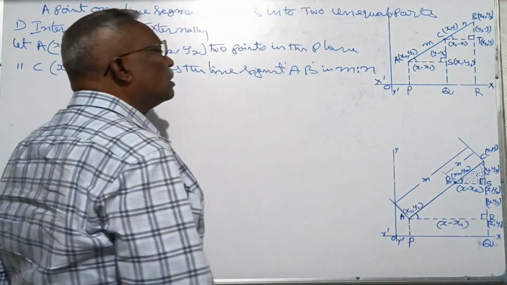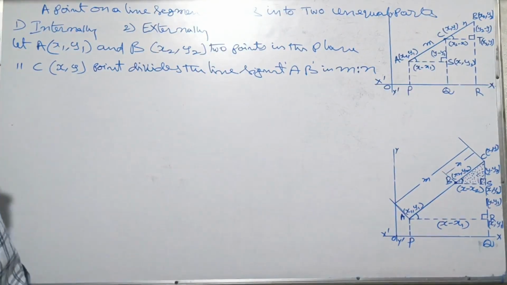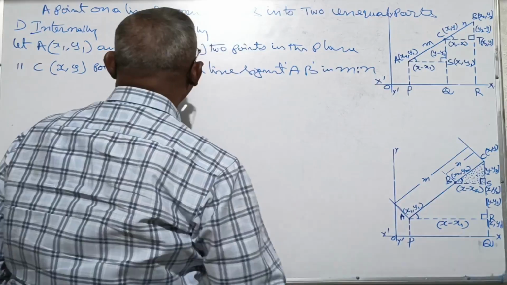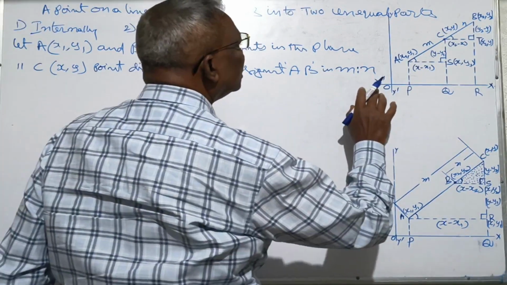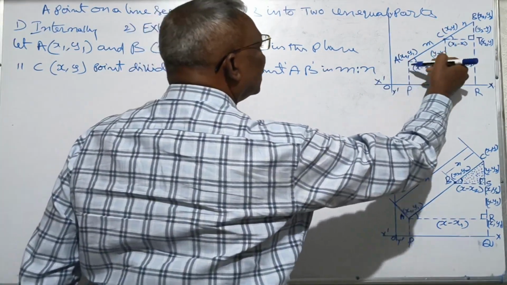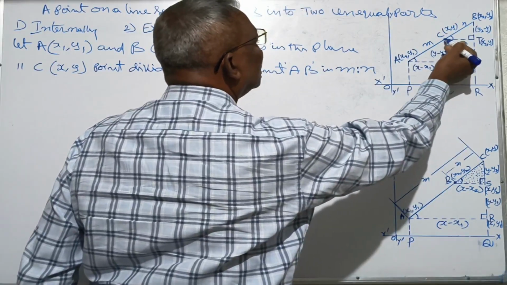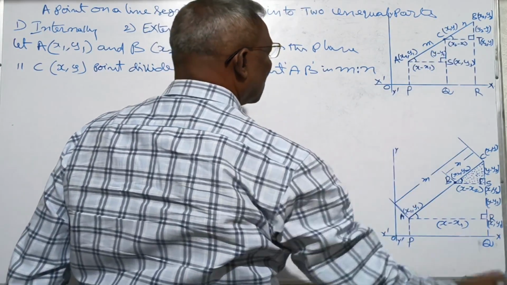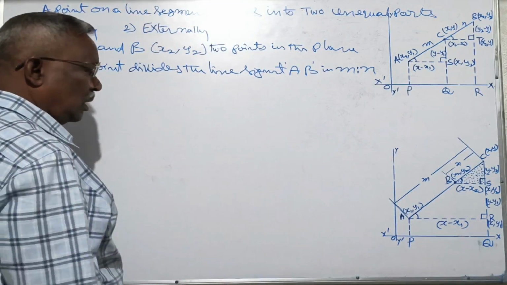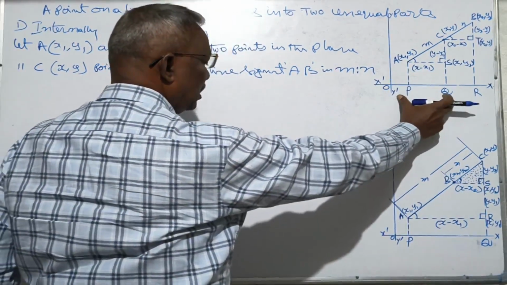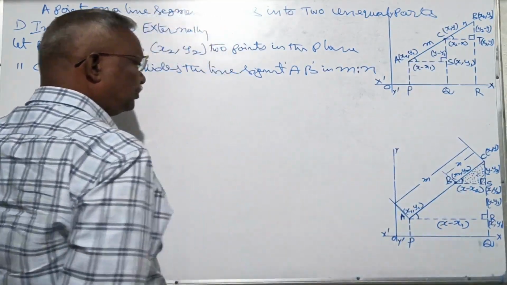What are the coordinates of x and y? If a point divides the line segment AB in m:n ratio, that point's coordinates we shall find out. Similarly here also, but this is internally, this is externally.